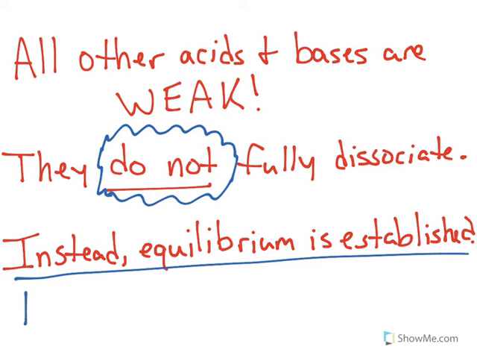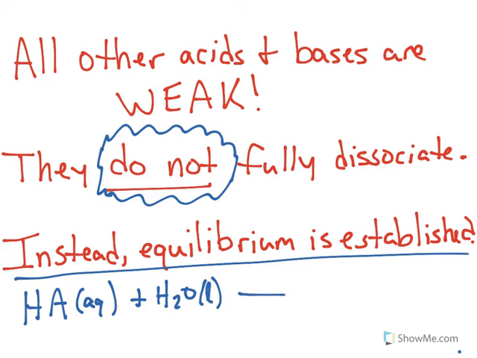So let's say we have an acid, just a random acid, HA. H for the proton, A for anion. I don't know nor care what that anion is. But let's say that that's dissolved, and it reacts with some liquid water. Since this isn't a strong acid, it's not going to have a one-way arrow as we would expect.